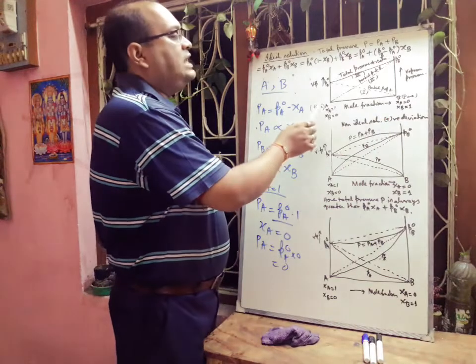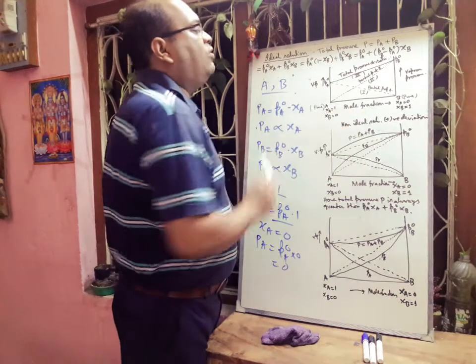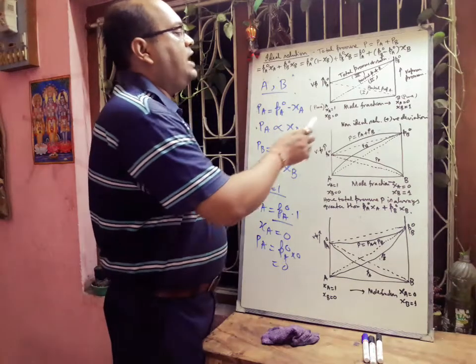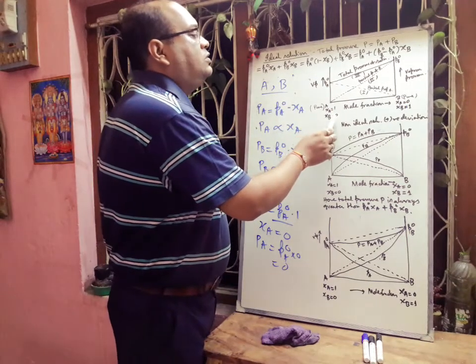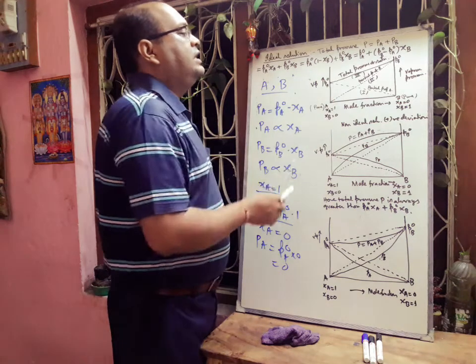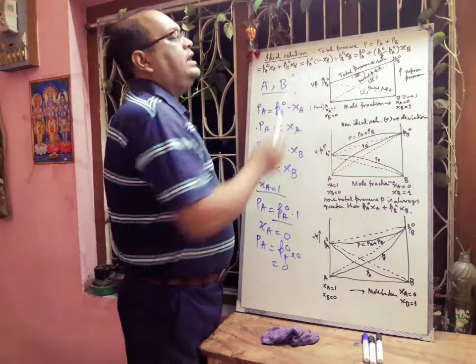So this one is the graph. On this axis we have plotted the mole fraction, and on this axis the vapor pressure. When Xa is equal to 1 and Xb is equal to 0, this is the Pa0, the vapor pressure of pure liquid A.